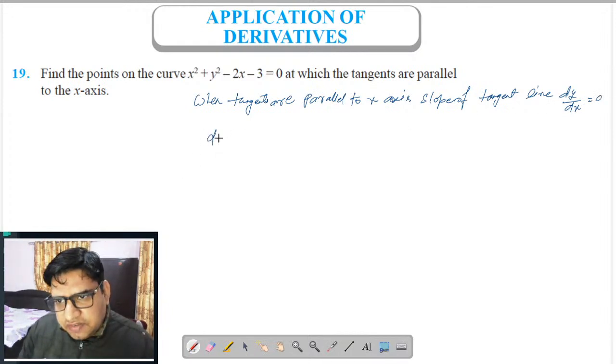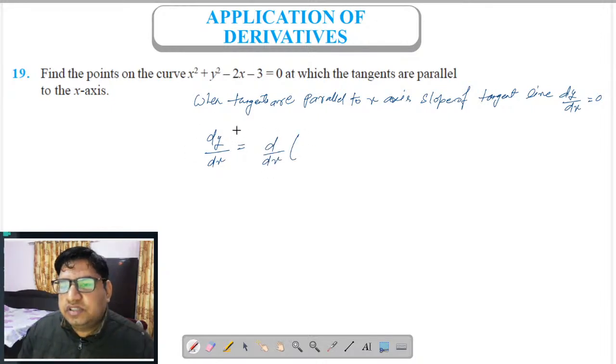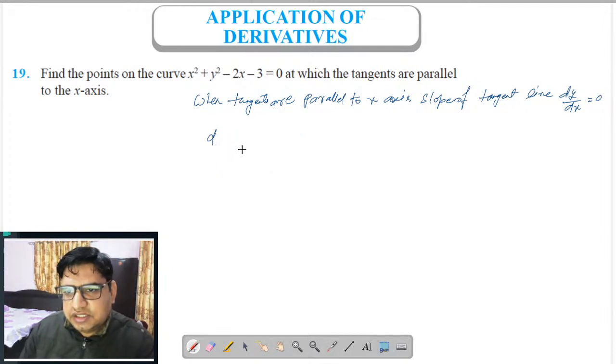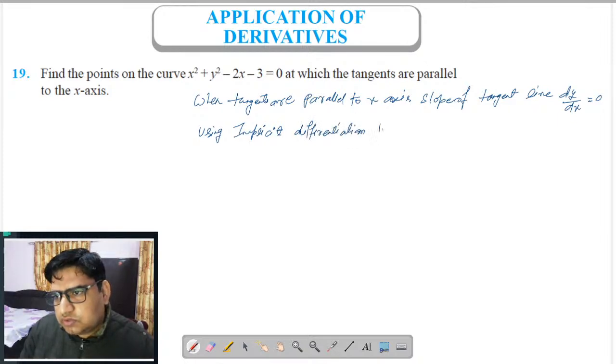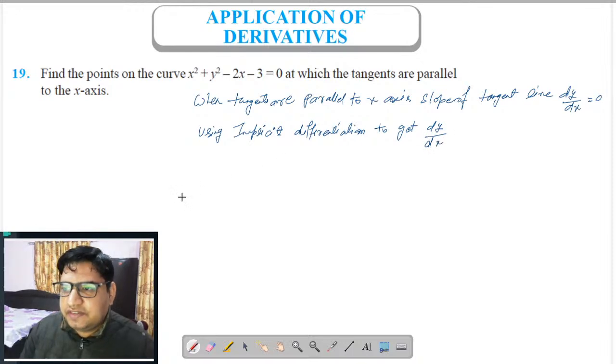So dy by dx is dy by dx of y, and y is not given here. So we'll simply say using implicit differentiation to get dy by dx.